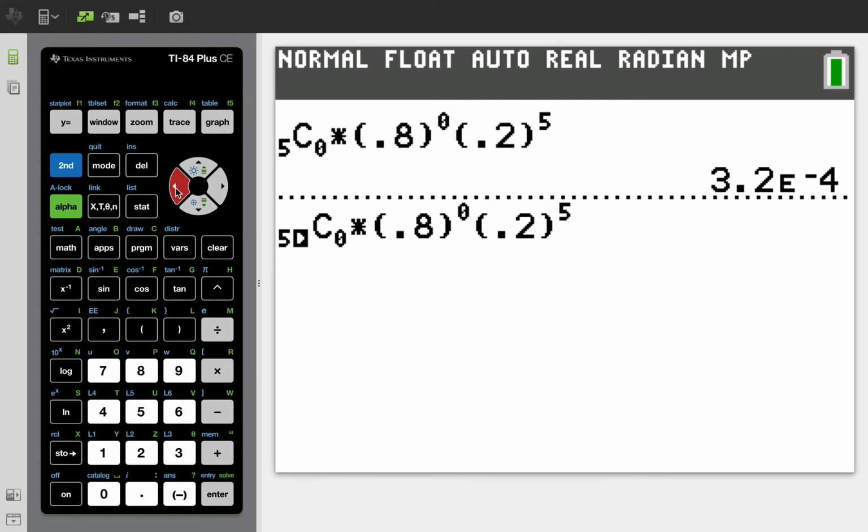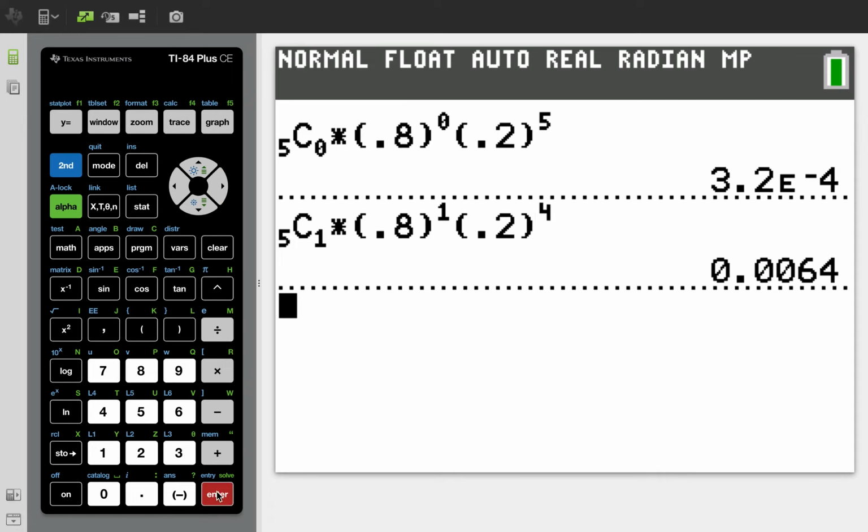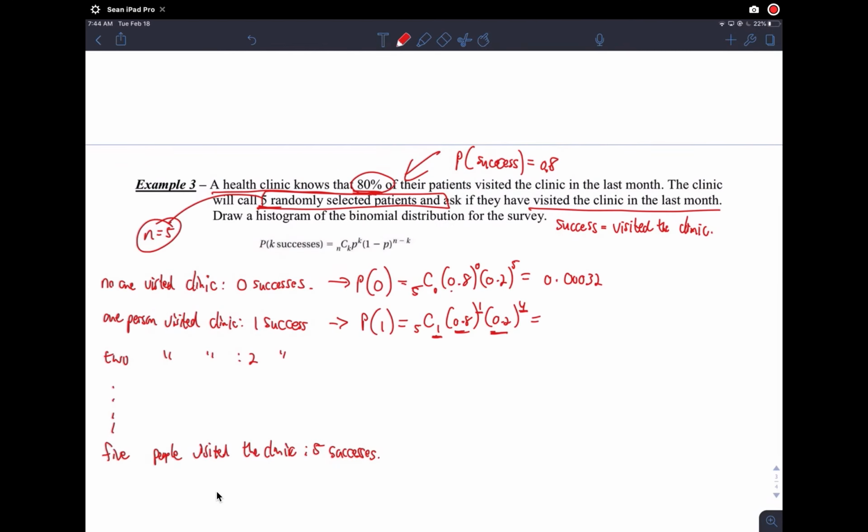If you change the numbers, you get 5 choose 1, and then 0.8, probability of success to the number of successes, probability of failure to the number of failures. Enter, and you get another number, 0.0064.